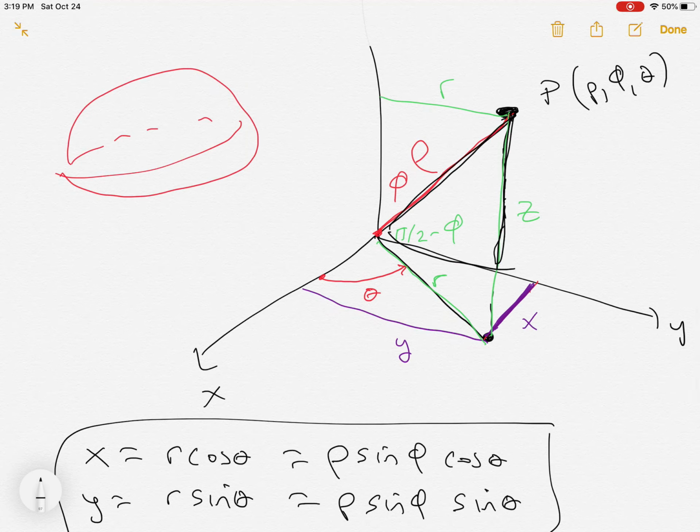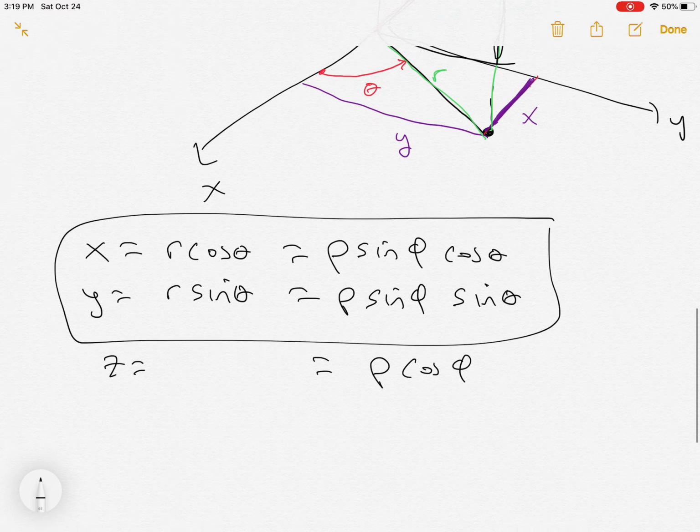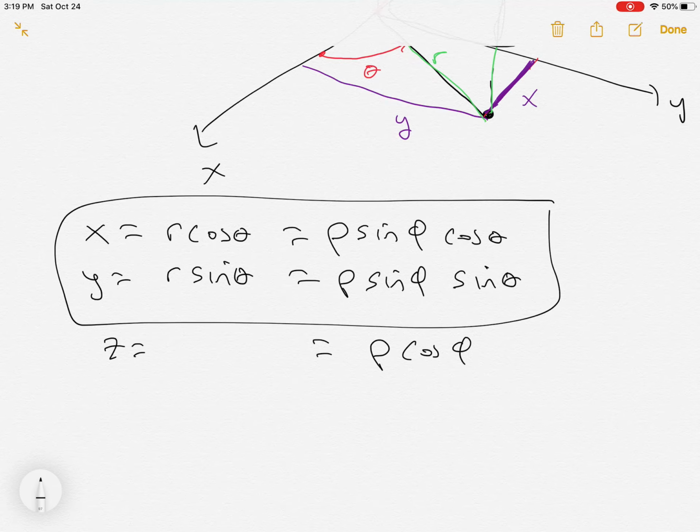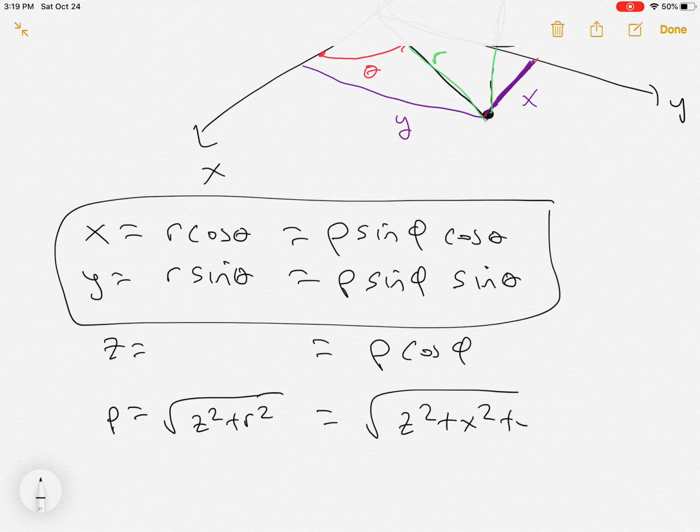You have the length of z here, and you also have that rho is the square root of z squared plus r squared, which is the square root of z squared plus x squared plus y squared, because rho squared is going to be on the sphere.